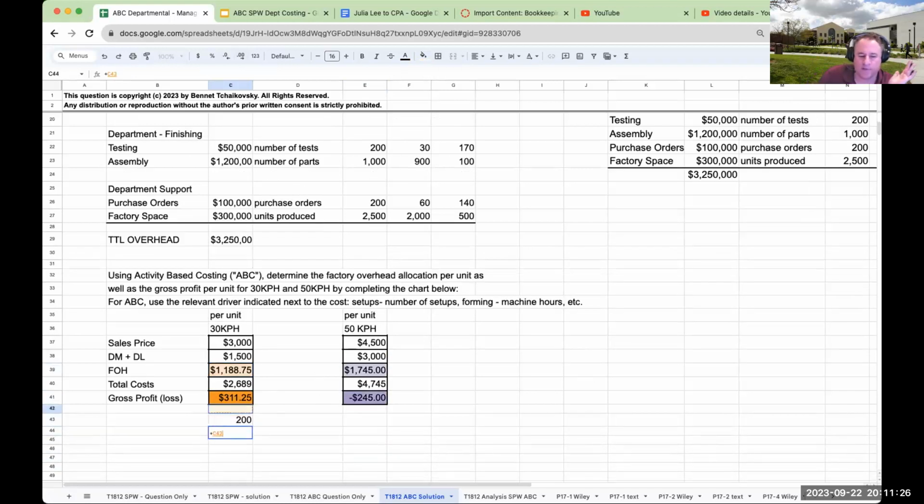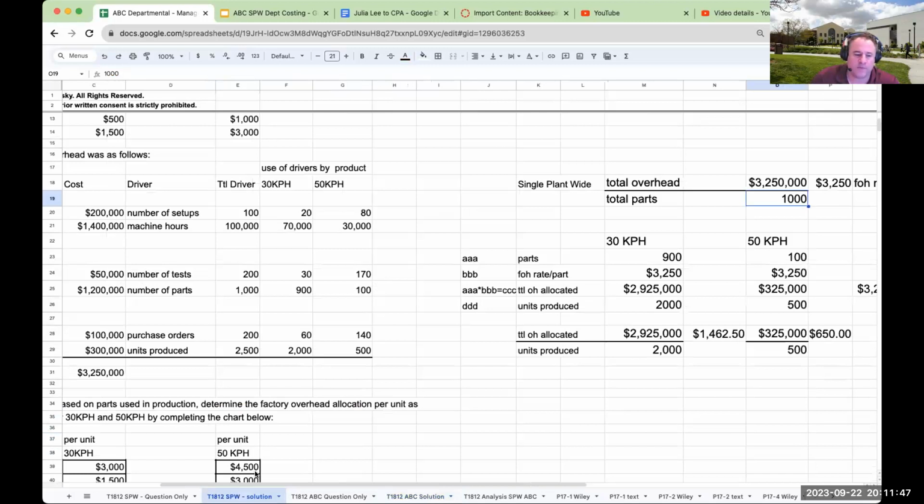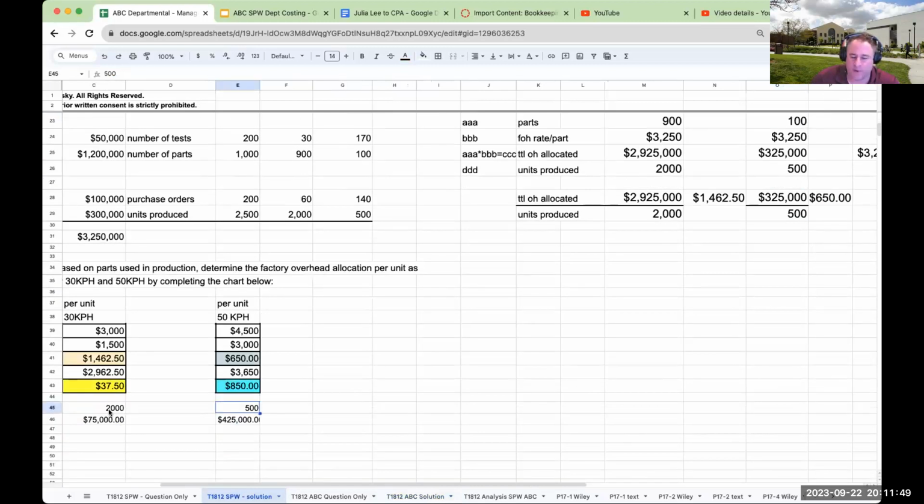And if we look at this over here, we made 2,000 units, and here we made 500. Using activity-based costing, what I'm seeing now is that under the method where I was before, this one here looked really profitable, right?